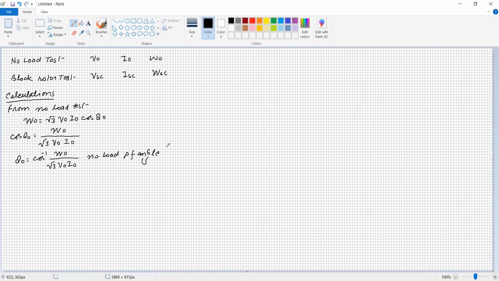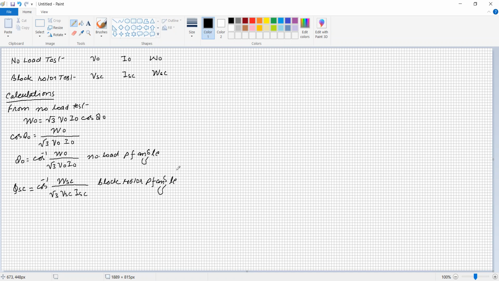This is one parameter. Second, similarly, φSC, the short circuit power factor angle or block rotor power factor angle, is cos inverse of WSC divided by √3 VSC ISC. So it is the block rotor power factor angle. So now these two values we found.